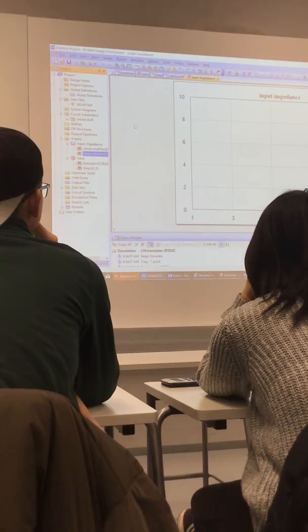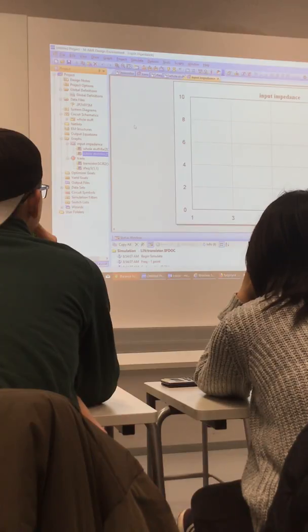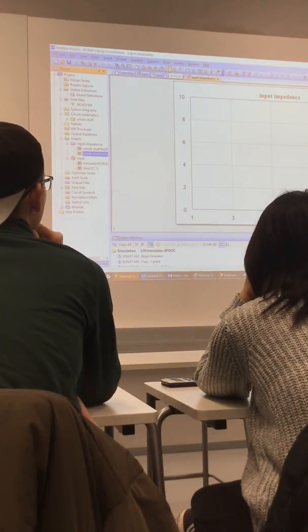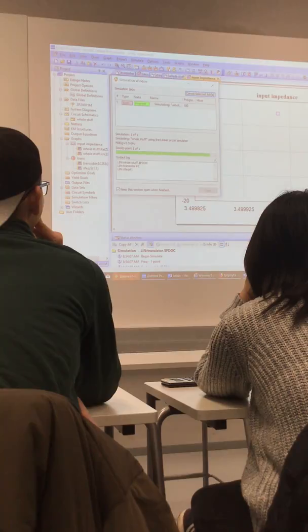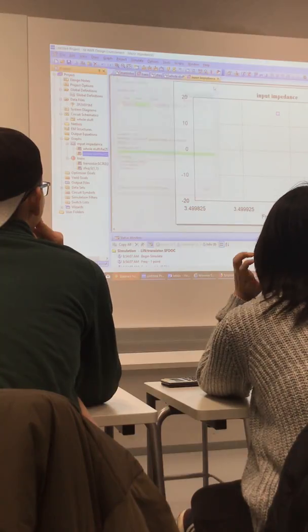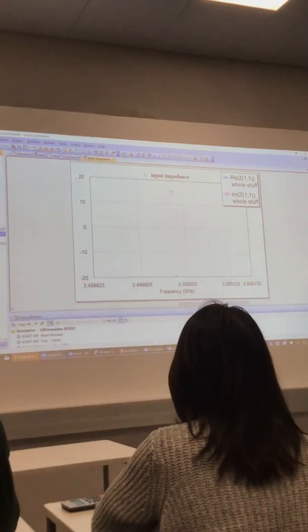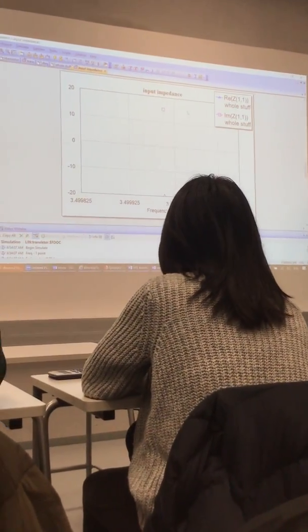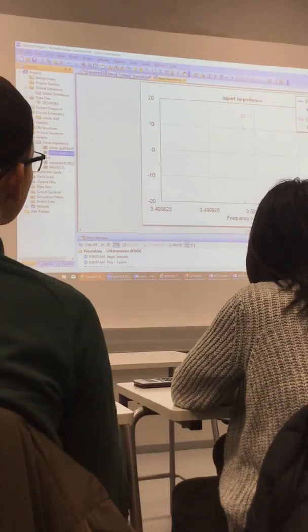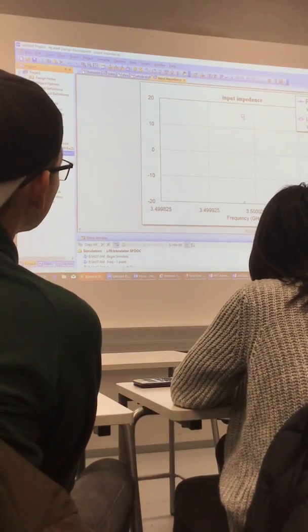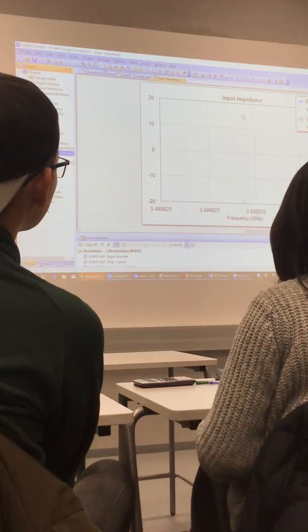This is always quite exciting, as we say in Swedish. Analyze. Take a look. Without any tuning, the imaginary part of the input impedance is something like 13, 14 ohms.